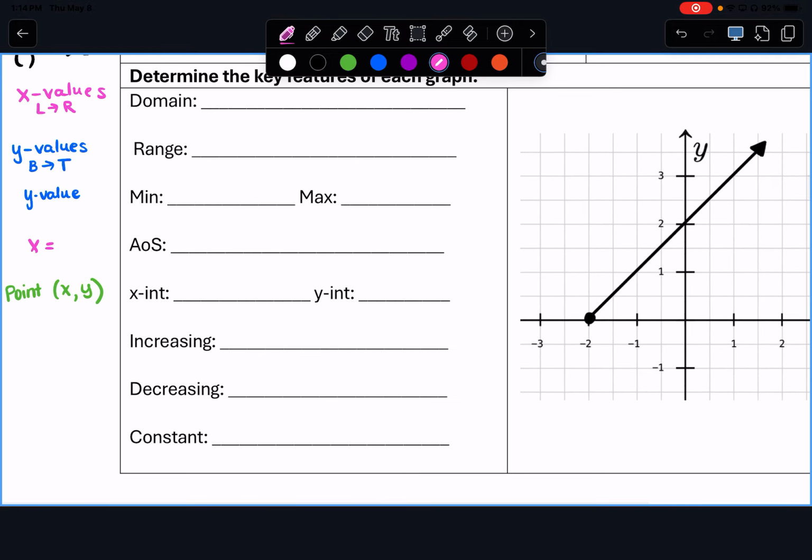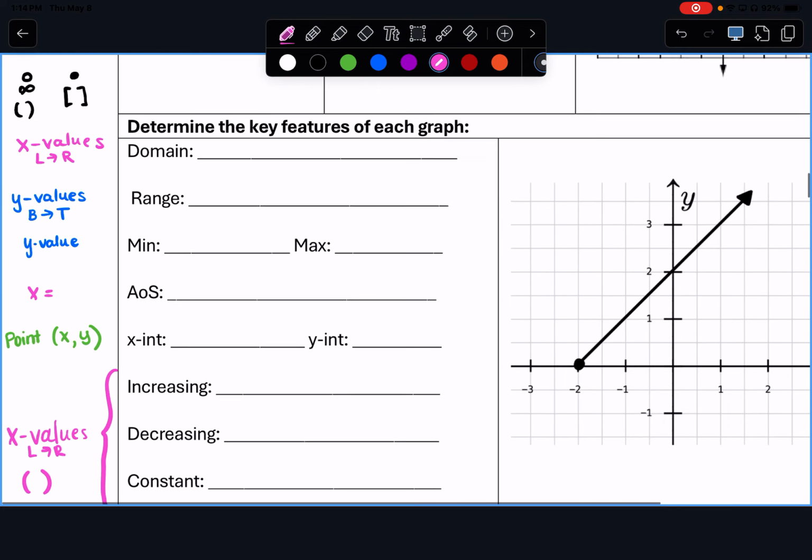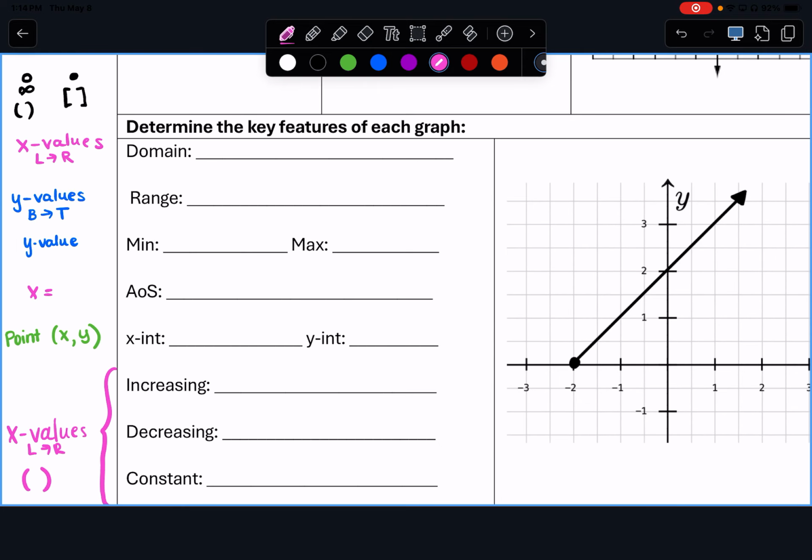When we look at increasing, decreasing, and constant intervals, we are going to use our X values, going from left to right. And again, for these, you will always use parentheses. If we can remember this information, we'll be able to do any of these type of problems.